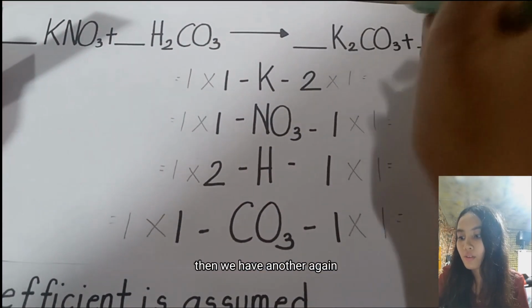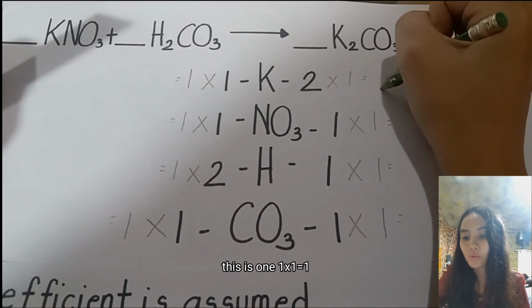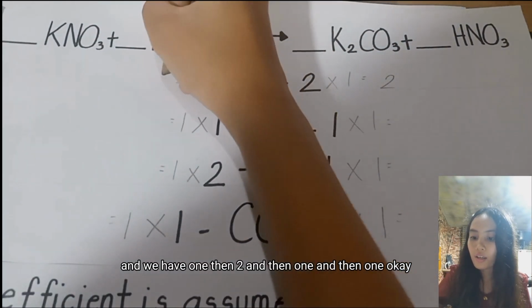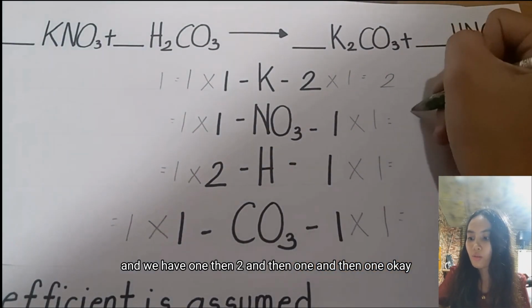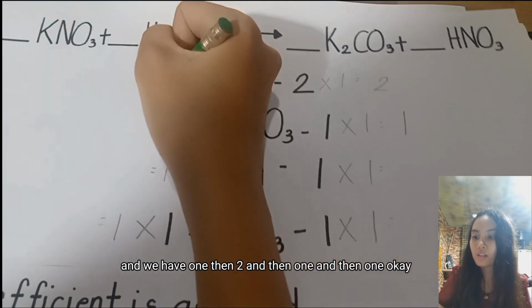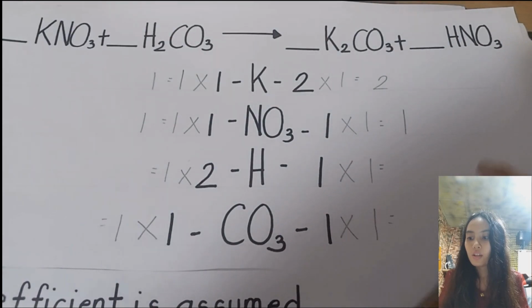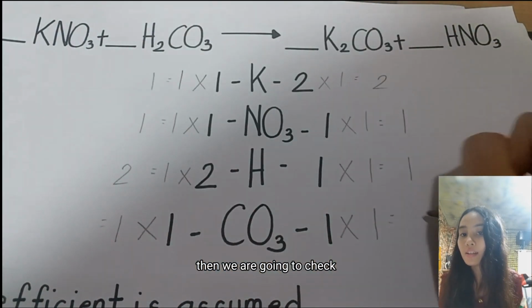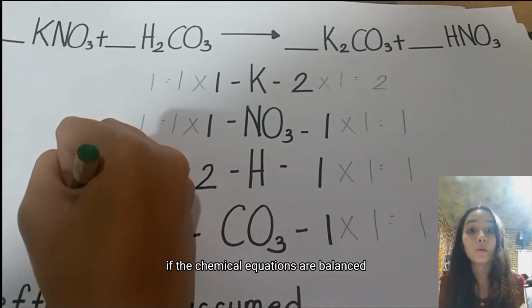Then we have another 1 times 1, which is 1. And we have 1, then 2, and then 1, and then 1. Then we are going to check if the chemical equation is balanced.